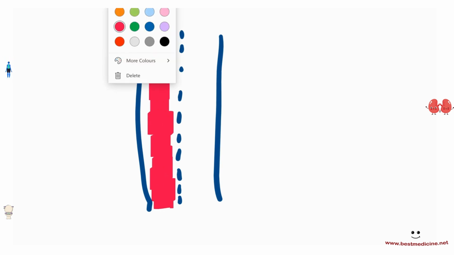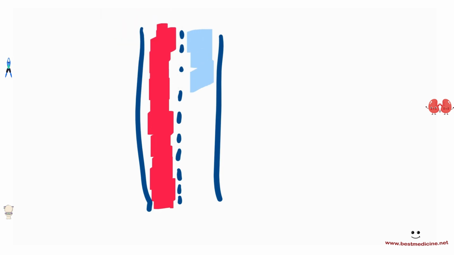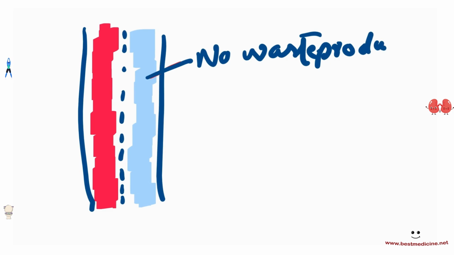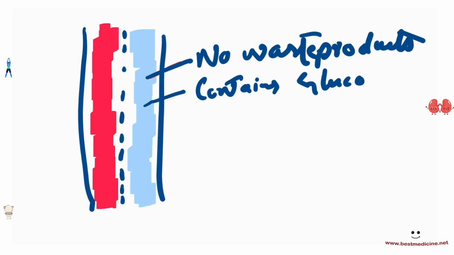And on the right side, you're going to have a fluid, the dialysis fluid, that contains no waste products, but it contains glucose and amino acids.